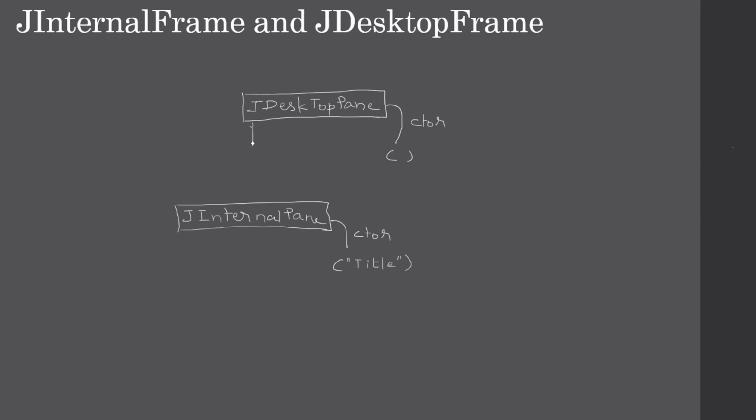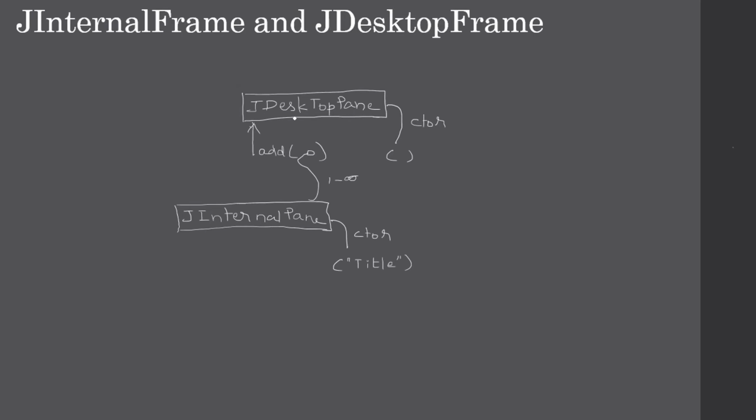After that, we can call the JDesktopPane's add method, then pass this JInternalFrame to it. So you can pass 1 to n number of JInternalFrames to the JDesktopPane. So now the JDesktopPane maintains all the internal frames added to it.